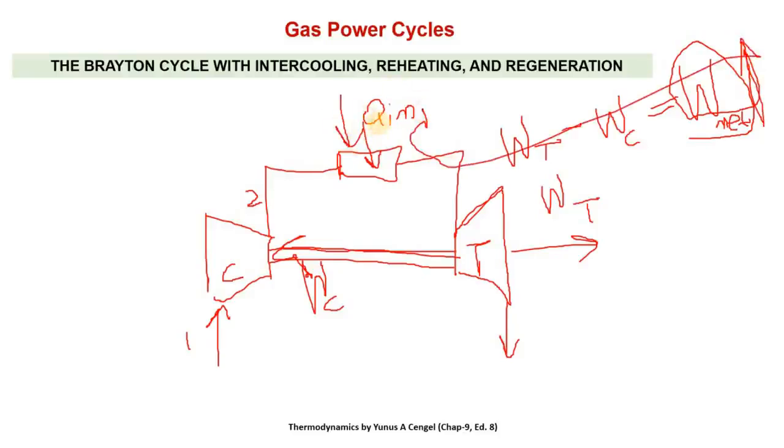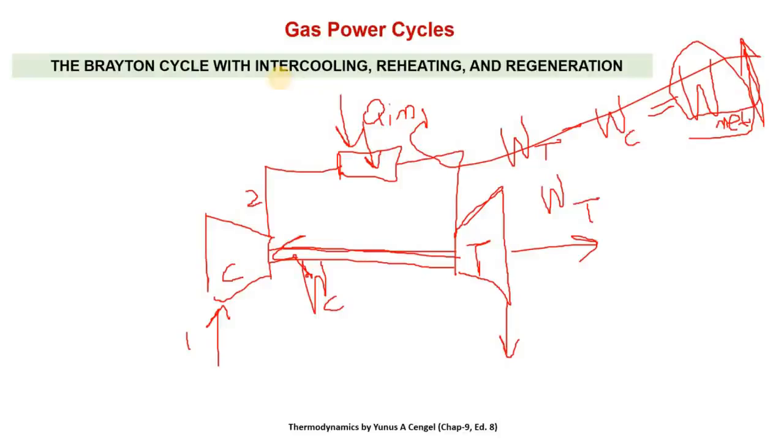We have discussed in the regeneration process that we can reduce this Q in by utilizing regeneration. Now we shall focus on this net work output, and how we can increase it for a given Q in.